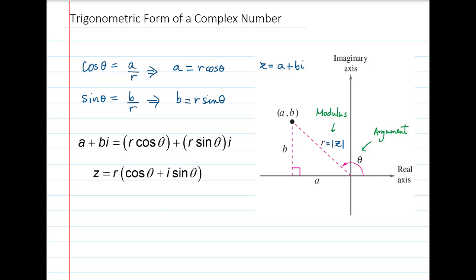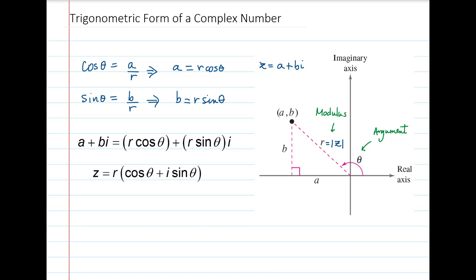So that will be equal to r cosine of theta plus r sine theta i. And notice how they both have r in common, so we can factor that out. So now we can write a complex number z as its modulus times the cosine of its argument plus i sine of its argument. So this is what we call the trigonometric form of a complex number, right?